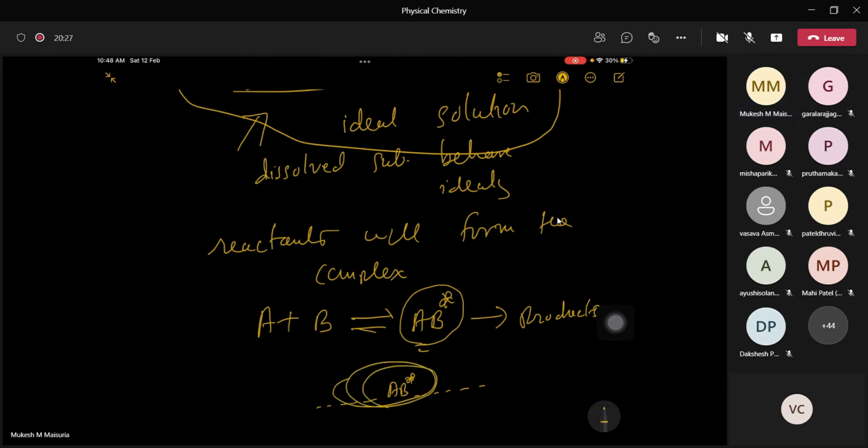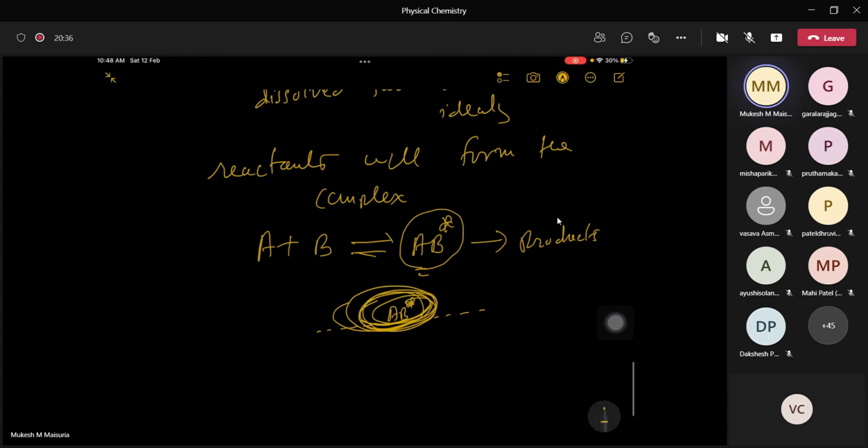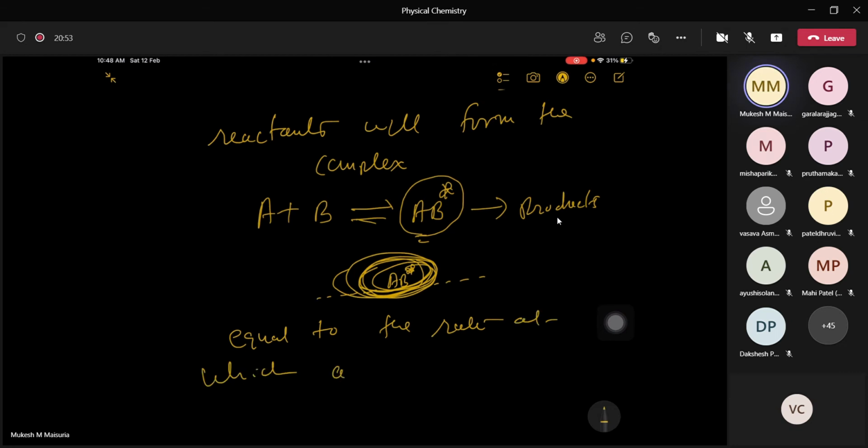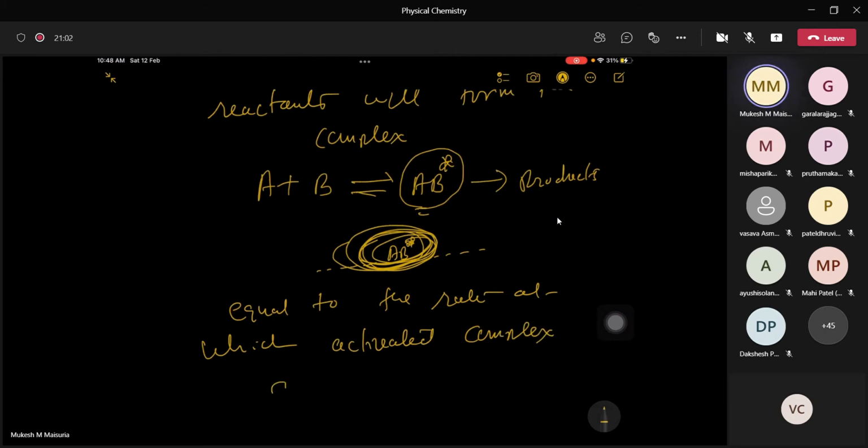So this activated complex vibrates, and the rate of the reaction is equal to the rate at which the activated complex decomposes.